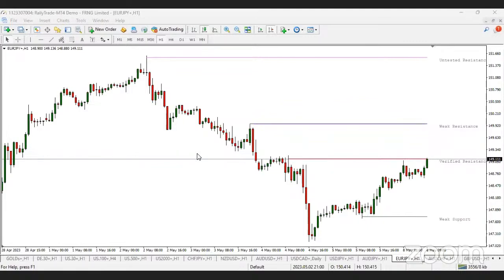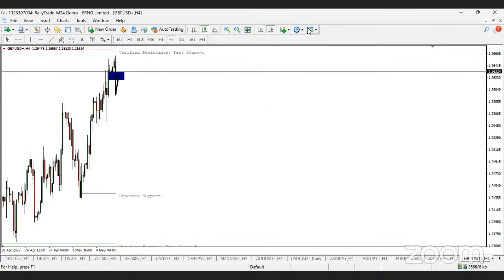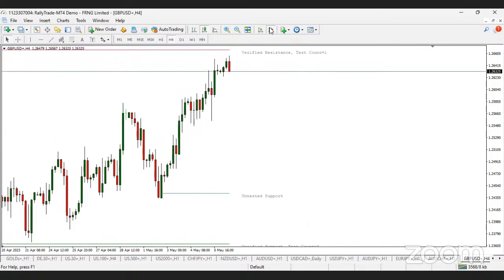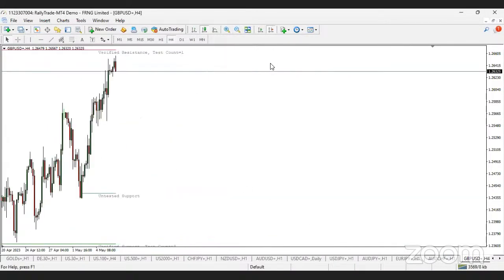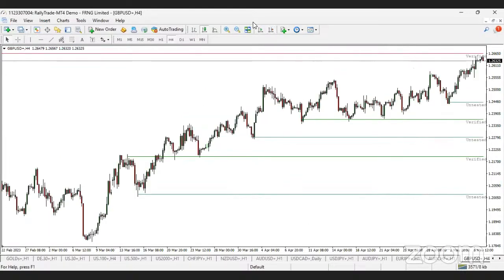This person is saying check the formation of GU on the H4 time frame. The H4 time frame on GU is at resistance. You can't enter a buy now, we can't buy at resistance.